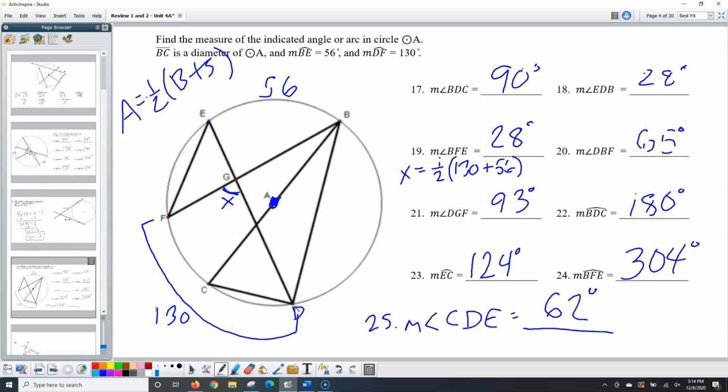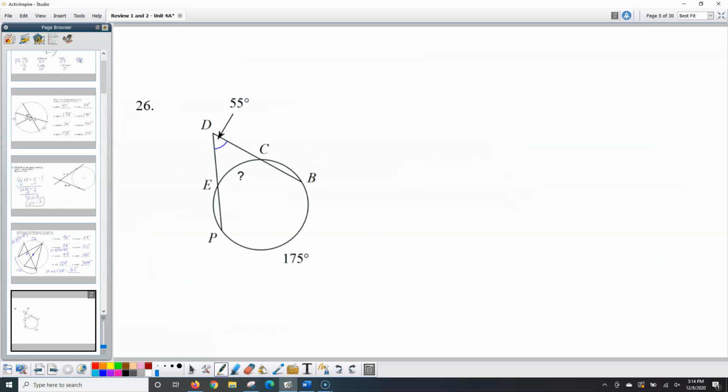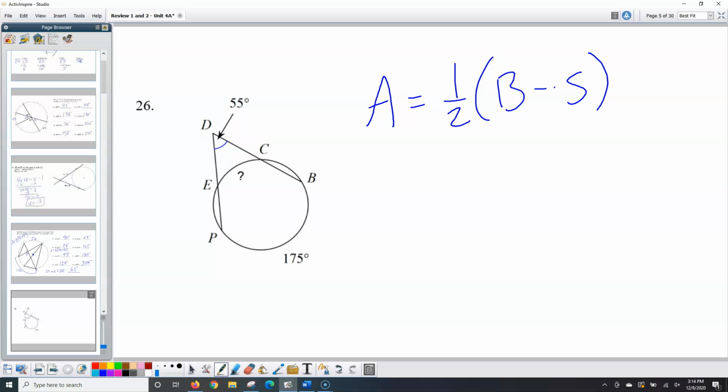Okay. Next, we got an exterior angle. So we have our formula. Angle equals 1/2 big arc minus the small arc. That's 55.